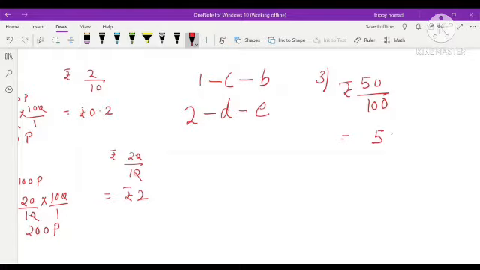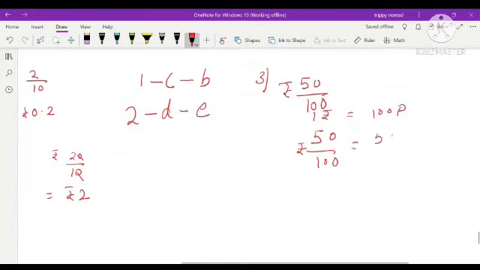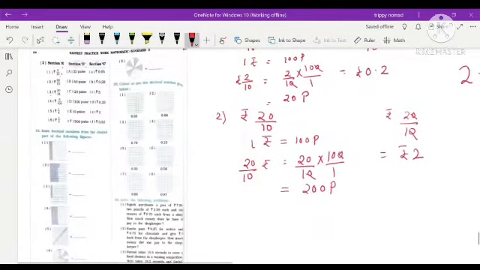So you will convert into paise. 1 rupee is equal to 100 paise. Then 50/100 rupee is equal to 50 upon 100 into 100. Cut the 100, how much paise left? 50 paise left.